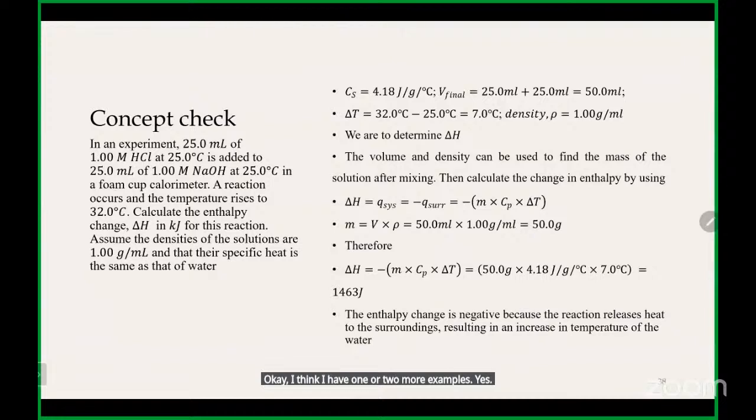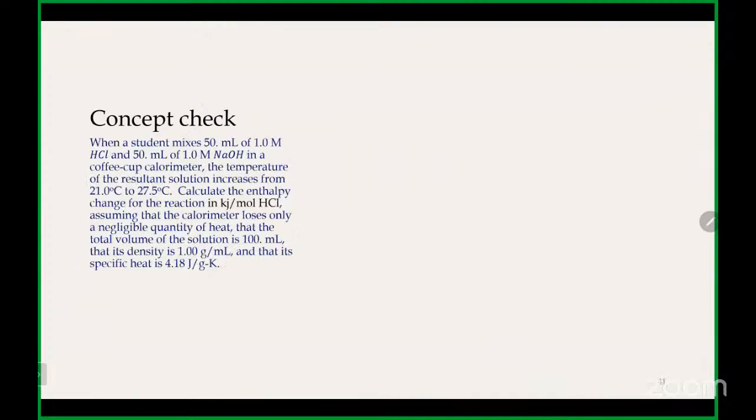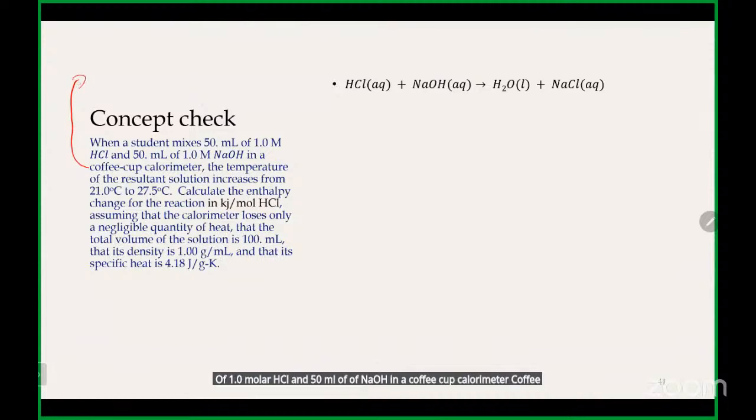In an experiment, a student mixes 50 mL of 1.0 molar HCl and 50 mL of NaOH in a coffee cup calorimeter, that's the constant pressure calorimeter.